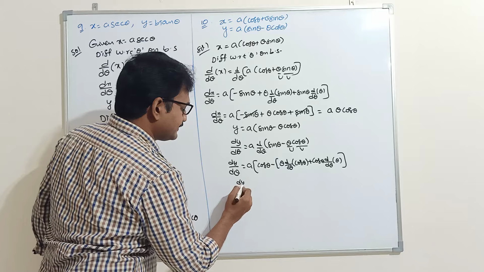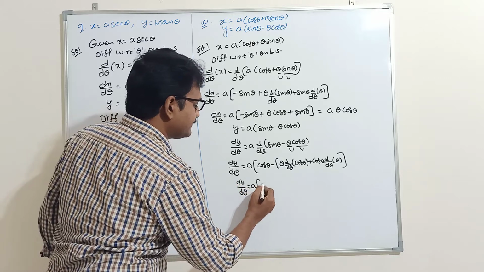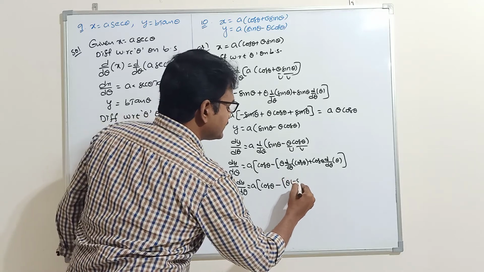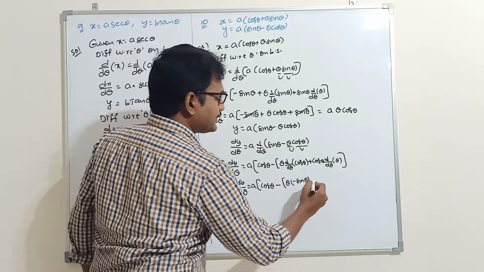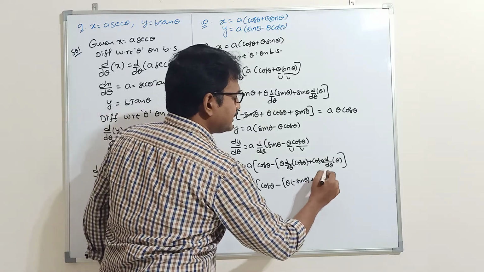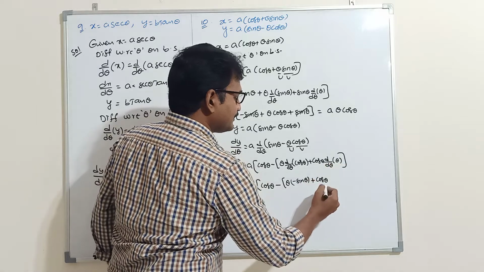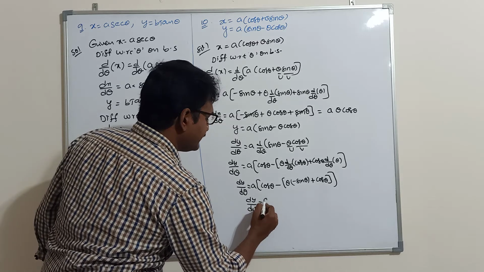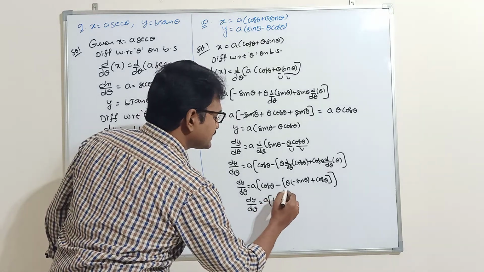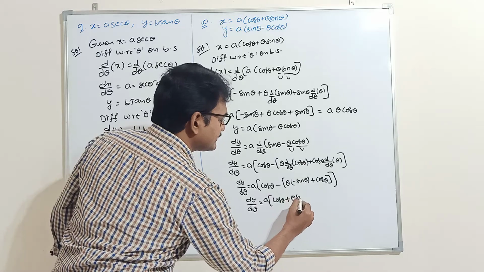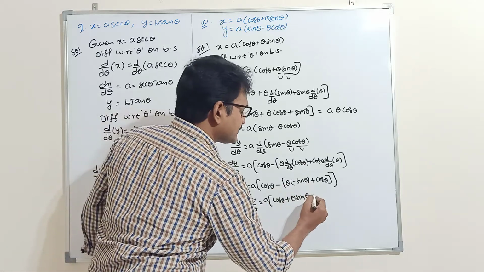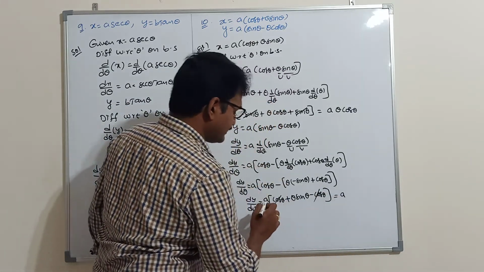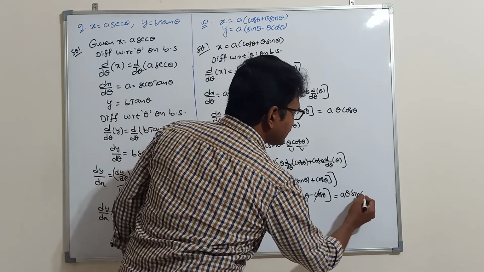Next, dy by d theta is equal to a into cos theta minus theta into the derivative of cos theta, which is minus sin theta, plus cos theta into the derivative of theta, which is 1. Cos theta into 1 is cos theta. So dy by d theta is equal to a into cos theta plus theta sin theta minus cos theta. Minus cos theta plus cos theta gets cancelled. So finally what we get is a into theta sin theta.